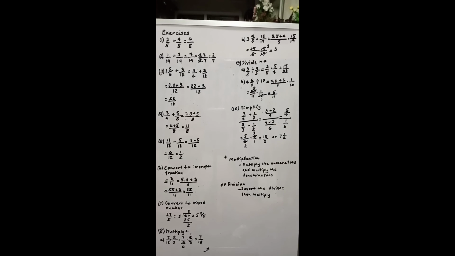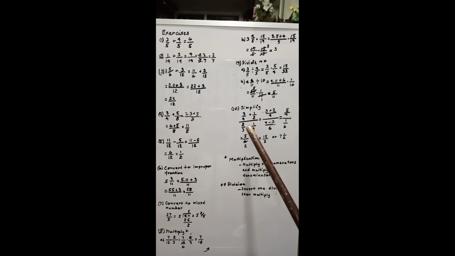Now let's go to number 10. I think this exercise is a little bit harder, because you have here the numerator is composed of 2 fractions, dissimilar fractions, and the denominator is composed also of dissimilar fractions. Now we will try to simplify. I will just do it slowly for you to catch up.